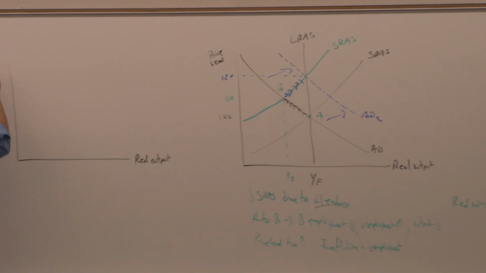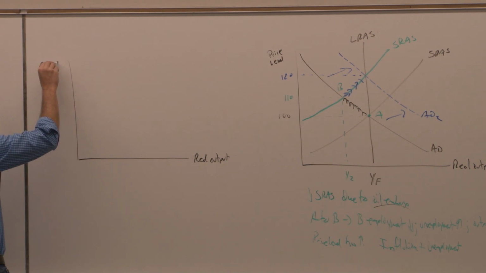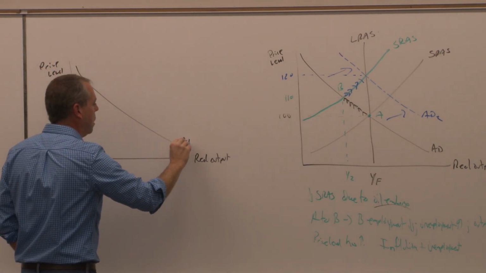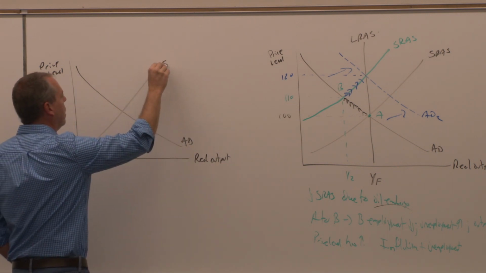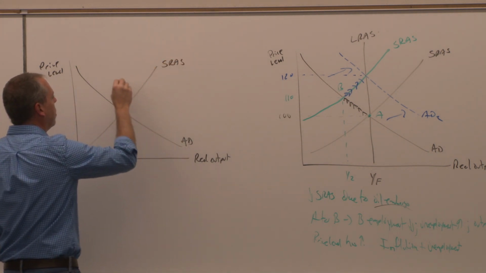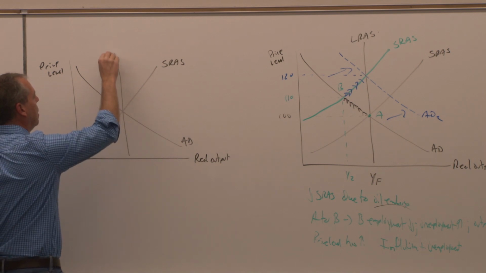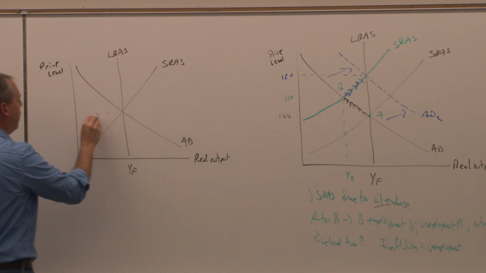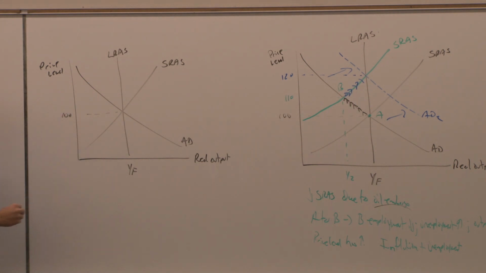You've got real output, you've got the price level. Aggregate demand, short-run aggregate supply, long-run aggregate supply curve. Here you are at, say, YF. Here you are at 100, right? Same thing as before.